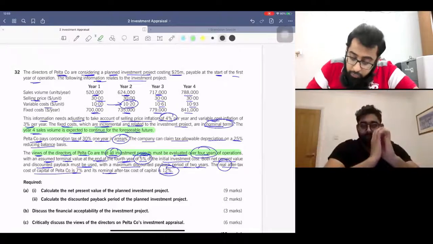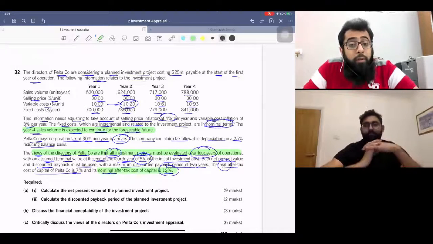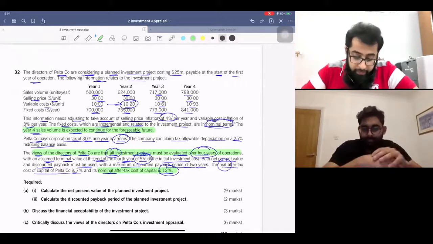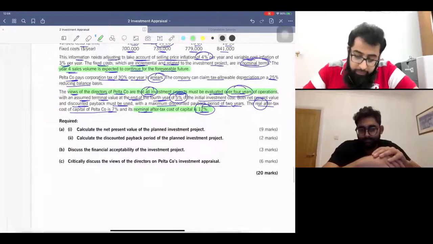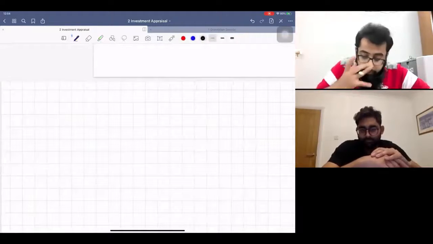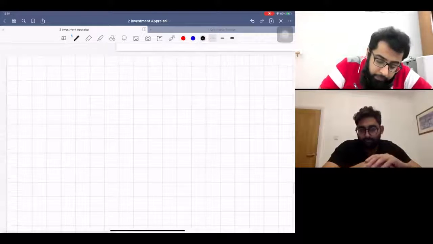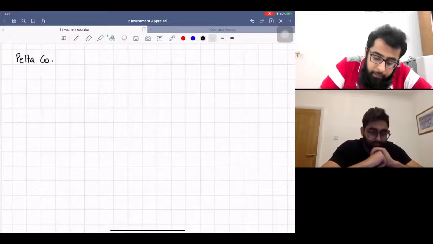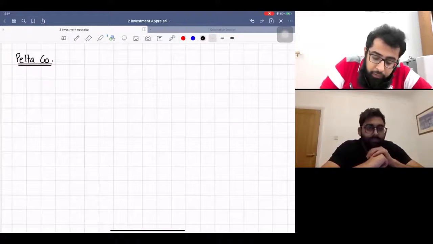So we will use this nominal cost of capital, not the real cost of capital. Nominal obviously has inflation. Now, let's look at it. Now, what are the learnings in this question? Pelta company, the project appraisal will be for 4 years.